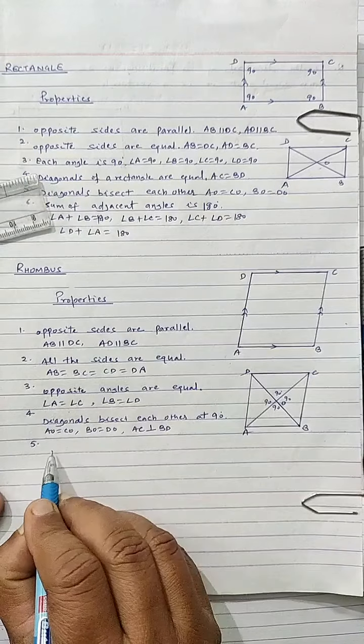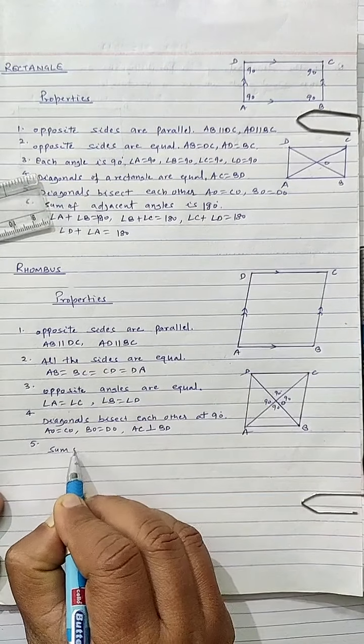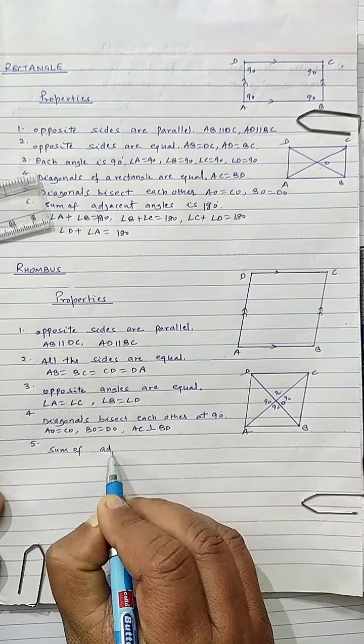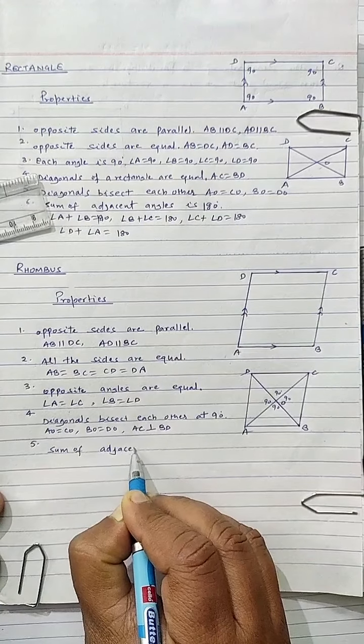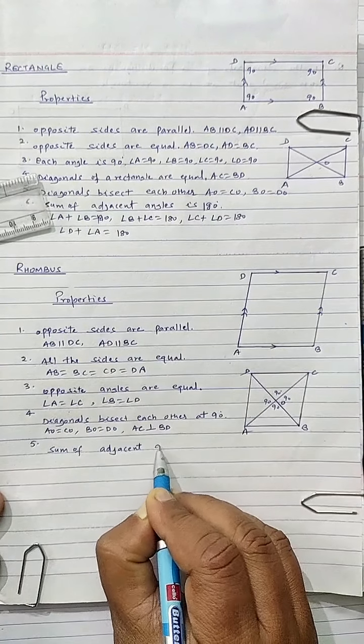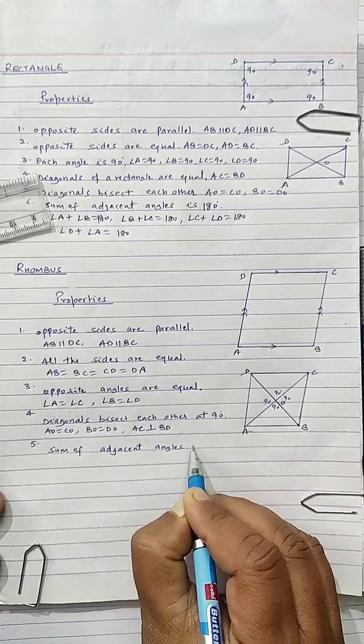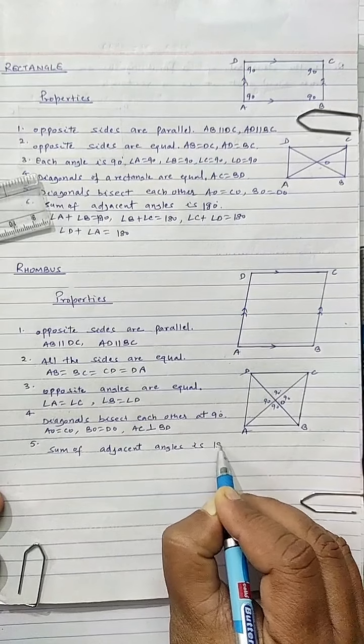The next is sum of adjacent angles is 180 degree.